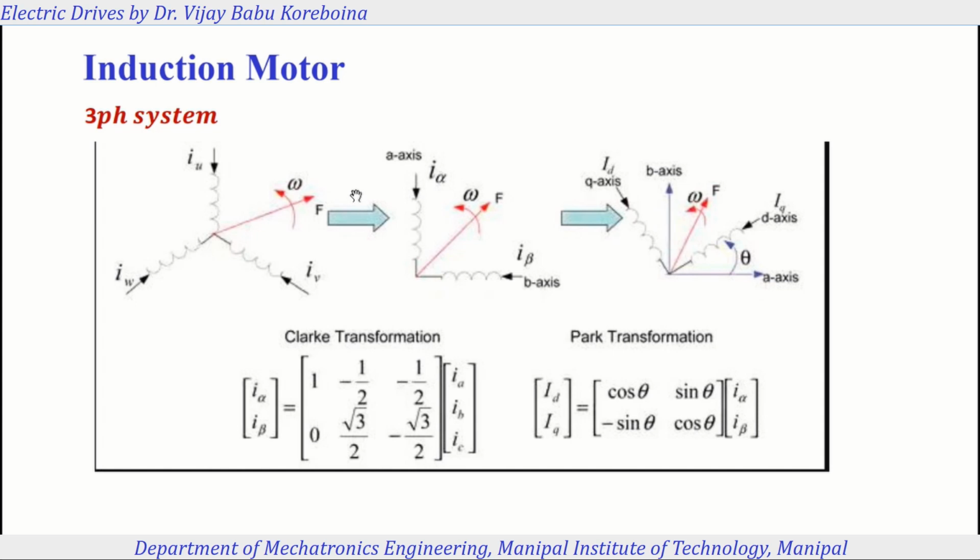When you drop the components onto the alpha axis and onto the beta axis, you find the mathematical representation. That's called the Clarke transformation. So the Clarke transformation transfers stationary quantities of the three-phase system to a stationary two-phase system. Just keep this understanding.